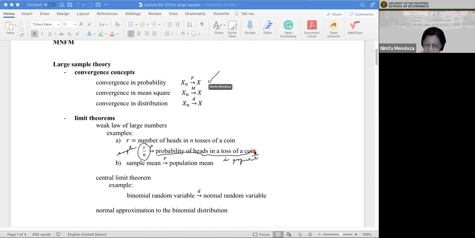In general, the weak law of large numbers says that the sample mean approaches in probability the population mean. So the population mean is unknown. If we do not have full data on the population, the sample mean is based on what you observe in your sample.